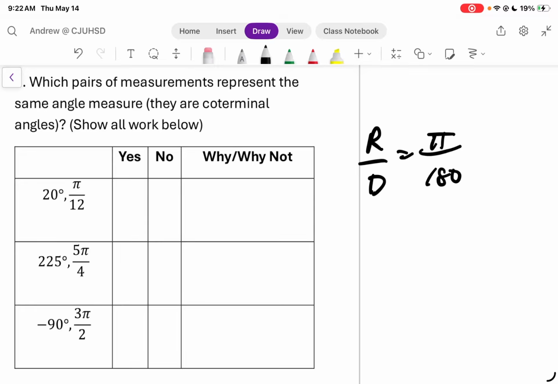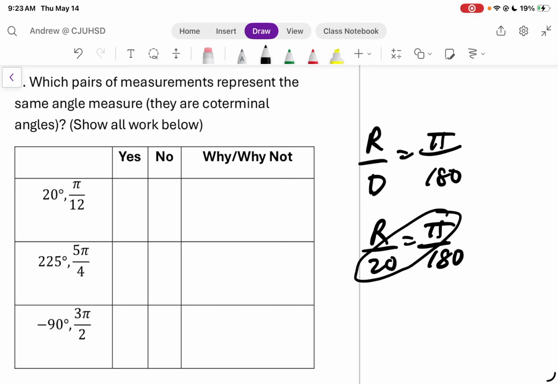So if I want to go degrees to radians, I put R here, I put 20 here, and pi over 180. So then I cross multiply and divide, and 20 divided by 180 reduces to 1/9.